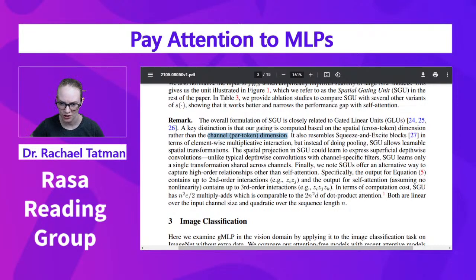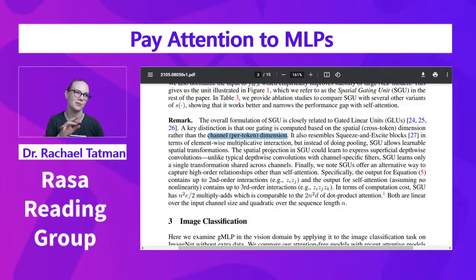Finally, we note that SGUs offer an alternative way to capture high-order relationships other than self-attention. Specifically, the output for equation 5 contains up to second-order interactions, e.g. Zi, Zj, and the output for self-attention, assuming nonlinearity, contains up to third-order interactions, Zi, Zj, Zk, because of the key value.